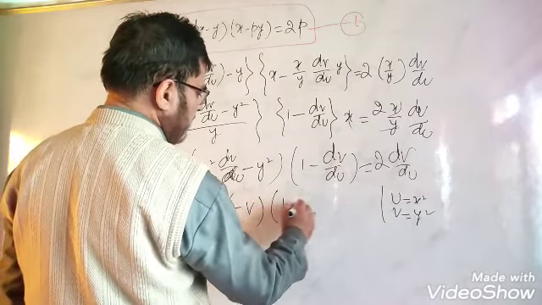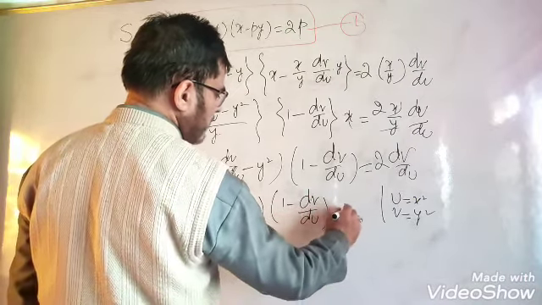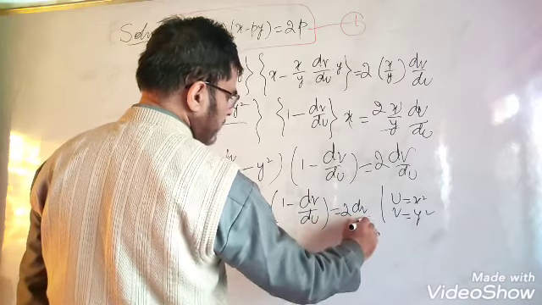I can write this as 1 minus dv by du is equal to twice dv by du.